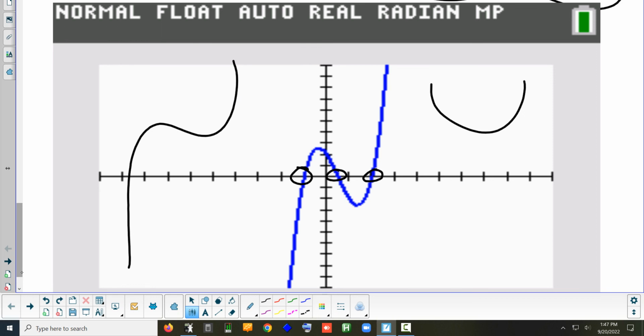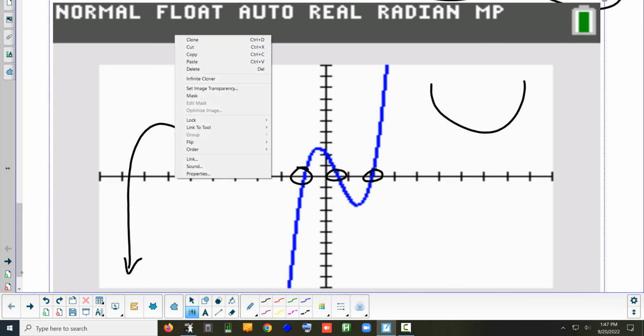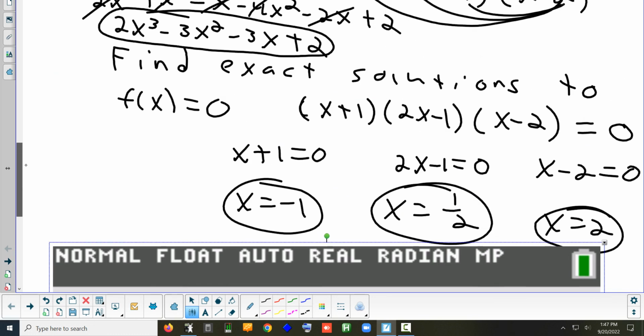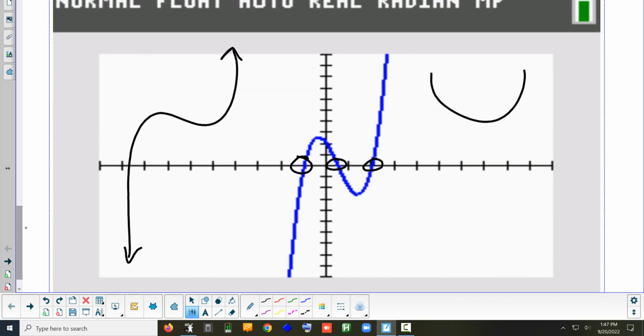No. When the highest exponent is a 3, it will never have 0 because it's going to go down on one side and it's going to go up on the other. If something goes down forever and up forever, it's going to cross this axis at some point. I don't know where, but it is going to cross it. So you can't get 0 in this type of problem. Any questions?